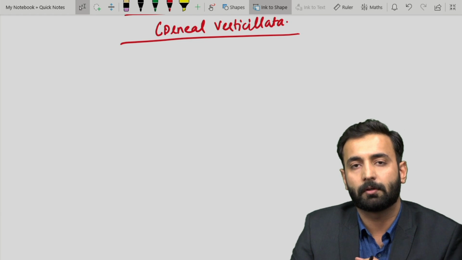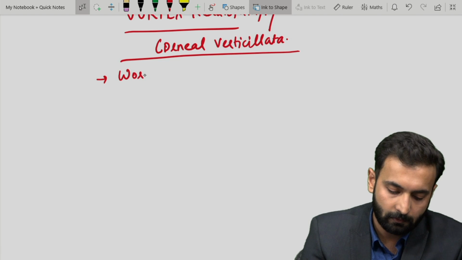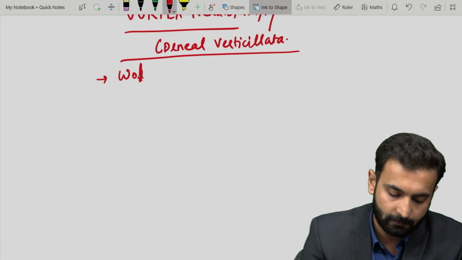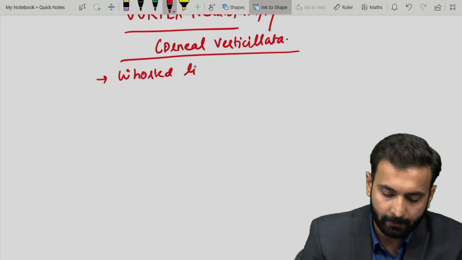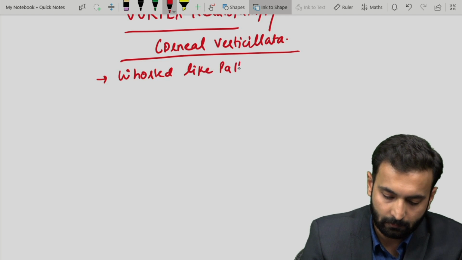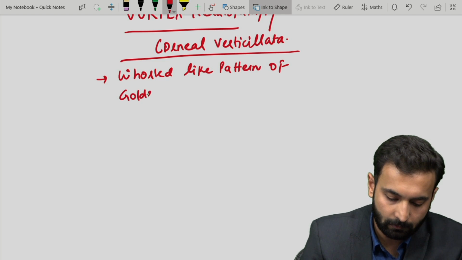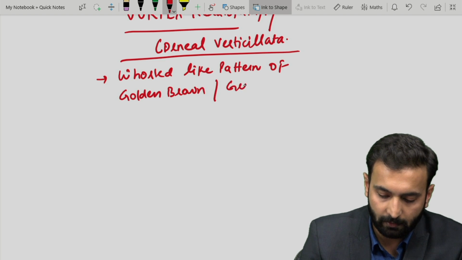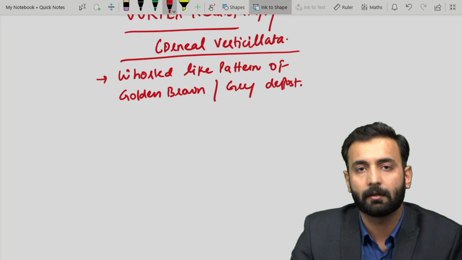From where is this deposit seen? Write down, there is a whorl like pattern of golden brown or grey color deposits seen in the inferior interpalpebral part of the cornea, right.